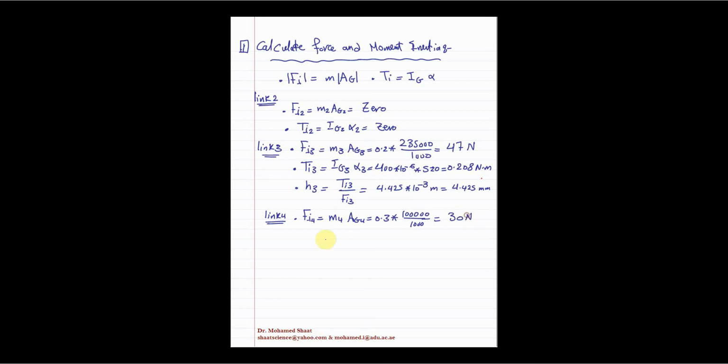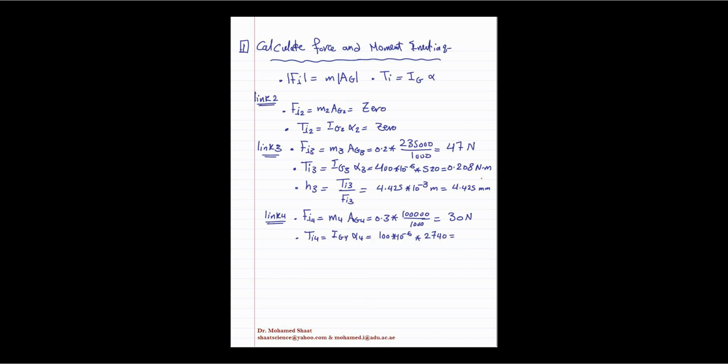This is going to be the inertia force, and the inertia torque for link 4 is going to be IG4 times alpha 4. IG4 was given to us as 100 times 10 to the power negative 6 to convert from millimeter squared to meter squared, times the acceleration alpha 4, which was given as 2,400 and 740.